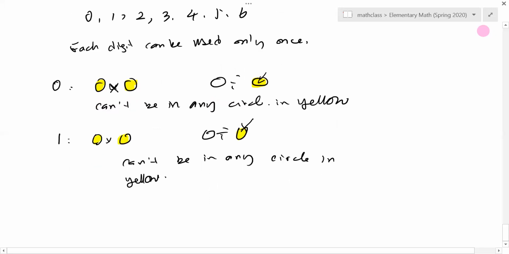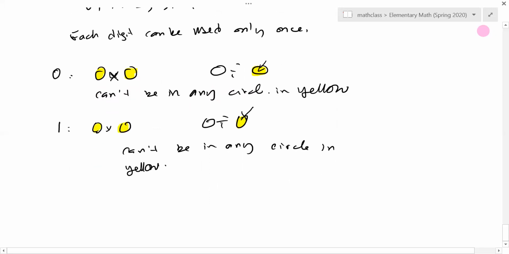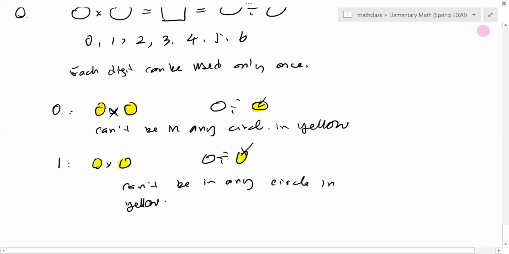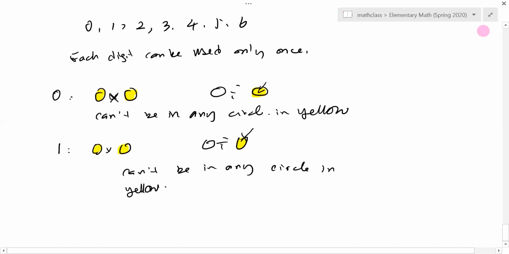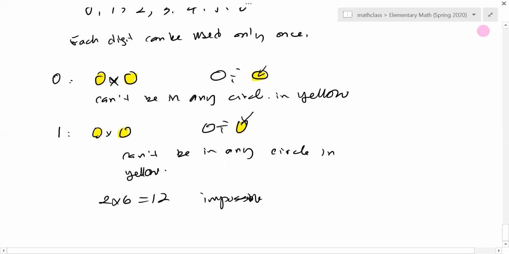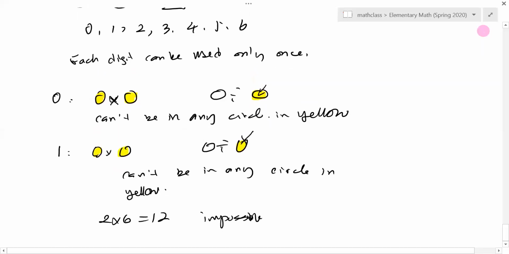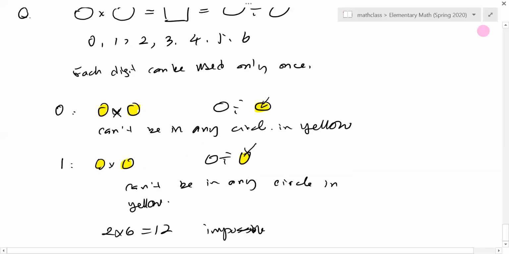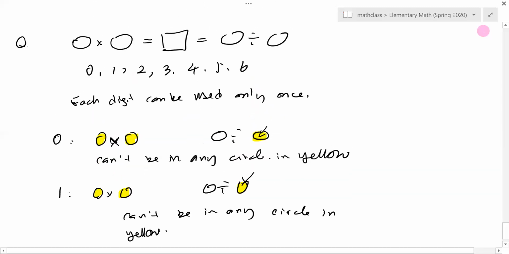Okay. So then think about this. 2 times 6 is going to be 12. It's impossible to put it there, because the 2 shows up twice. Just try a few times. 2 times 5... I'm trying to figure out what are the 2 digits you can use for the product.